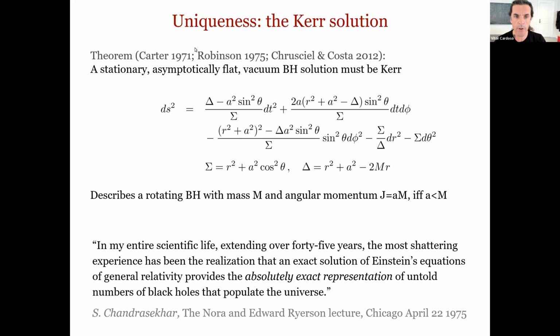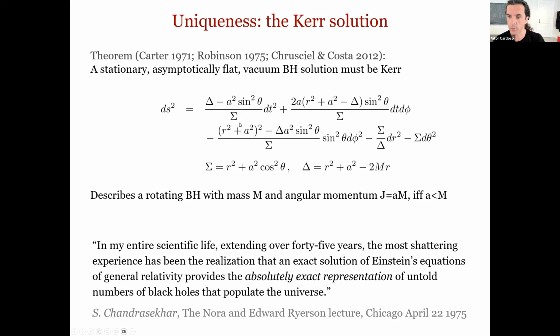The first reason, of course, is the unique property of black hole solutions in general relativity that connects to their uniqueness. And the statement is that any asymptotically flat vacuum black hole solution must belong to the Kerr family that I wrote down here in units where the speed of light is 1 and Newton's constant is 1.